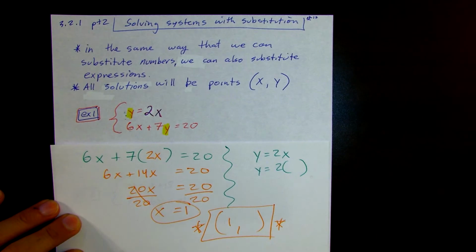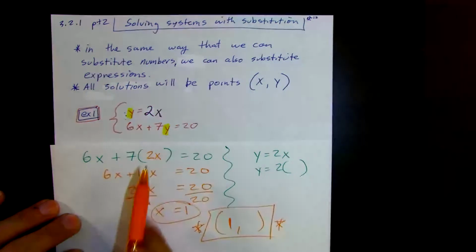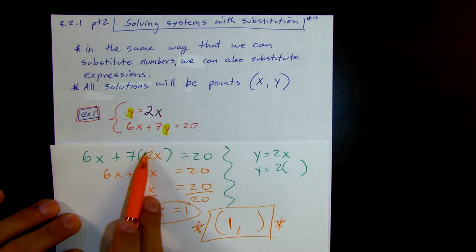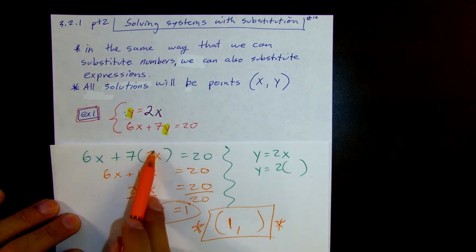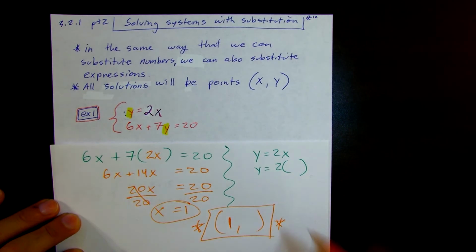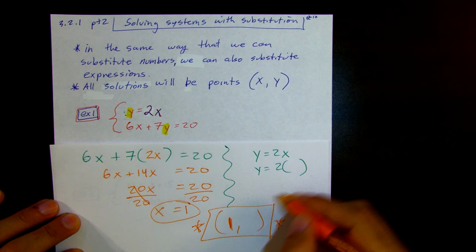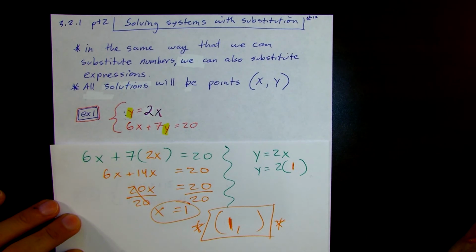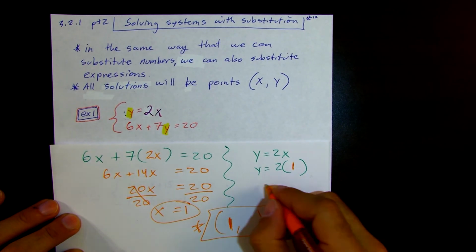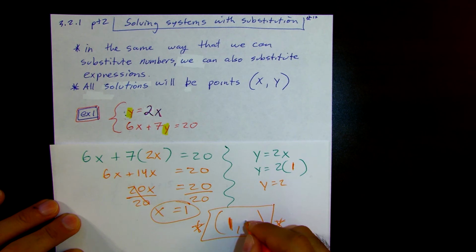We're substituting, which is exactly what we have been doing. That's what I did here as well. Here I substituted an expression, 2x. Here I'm just substituting a number because I know that x is 1. You see? But it's exactly the same idea. Here we get y is equal to 2. Done.